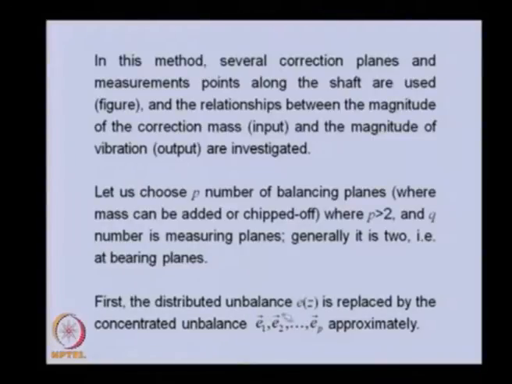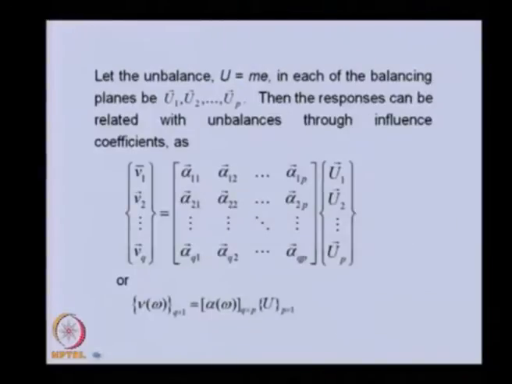These concentrated unbalances will be unknown to us, which we will find through the procedure we are describing now. Here, the unbalance is as we defined earlier, which is nothing but mass into eccentricity, and in the balancing planes, let us say U1, U2, up to UP, these are the unbalances which we want to find out.